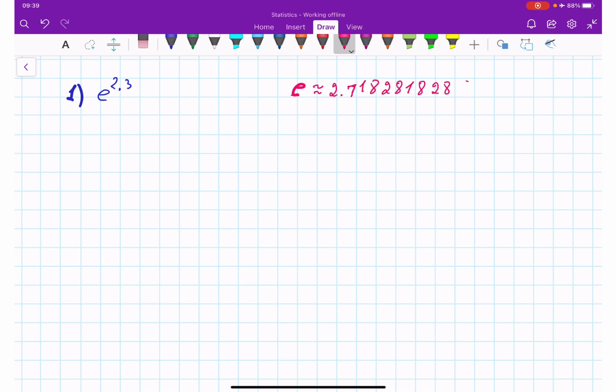I will just tell you how to use this on the calculator that is in Windows 10. In Windows 10, you choose calculator, which has basic and scientific. You choose scientific calculator.